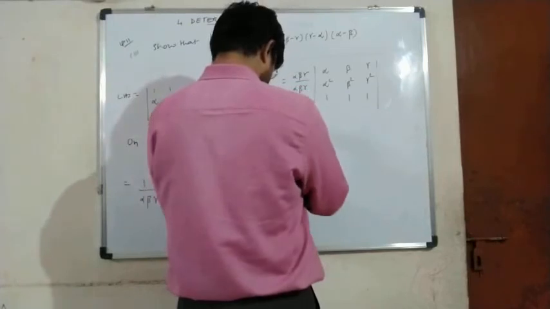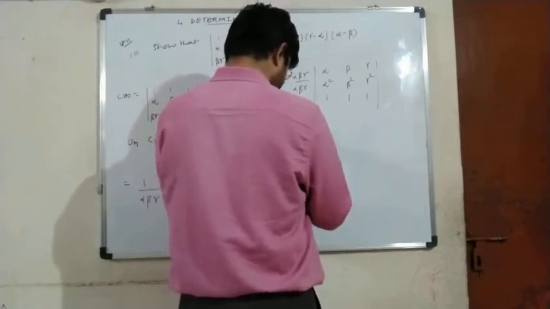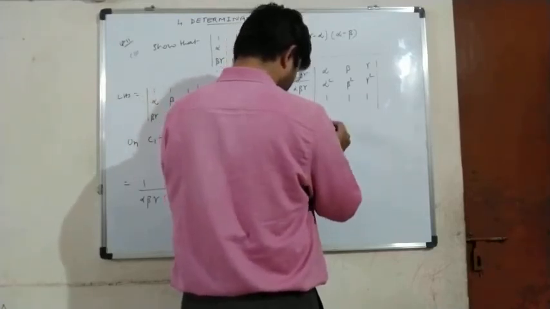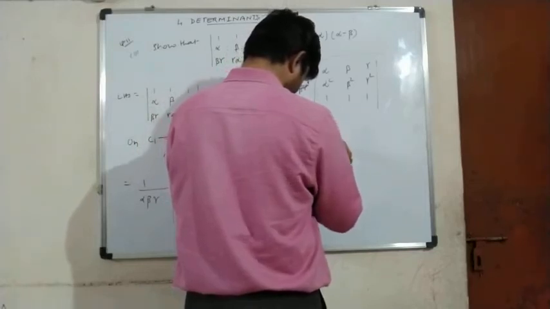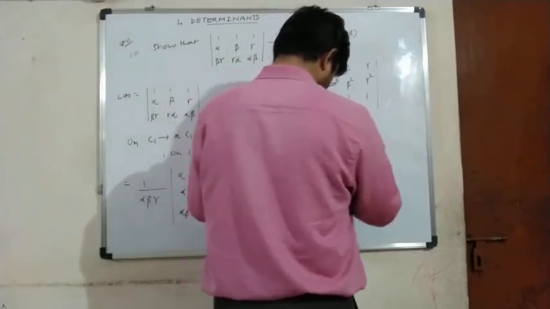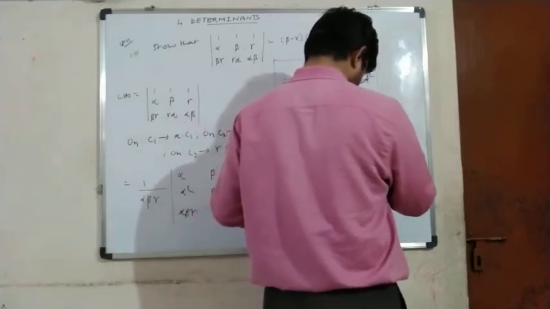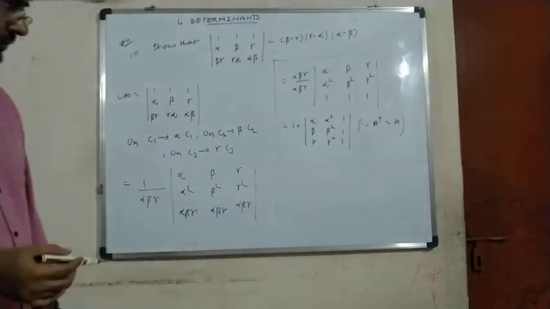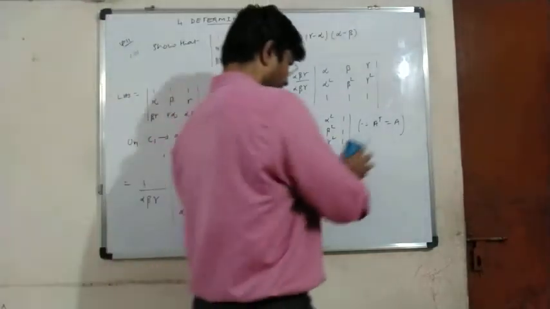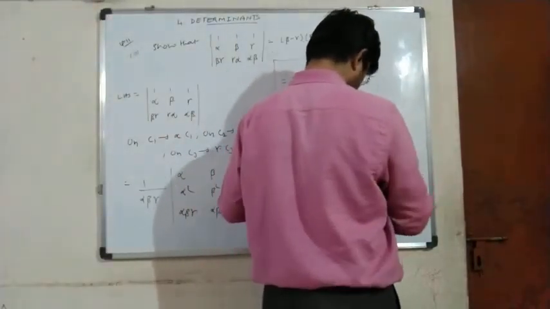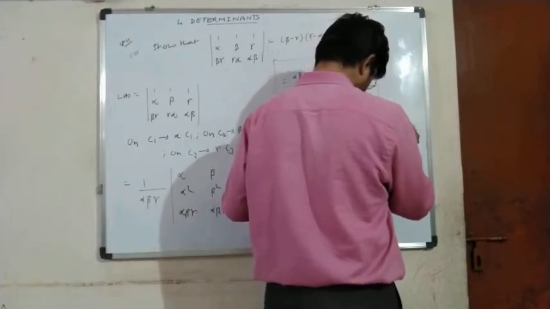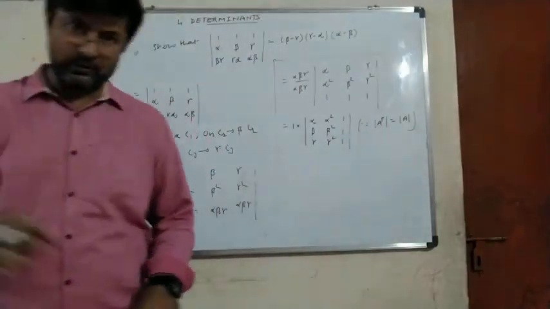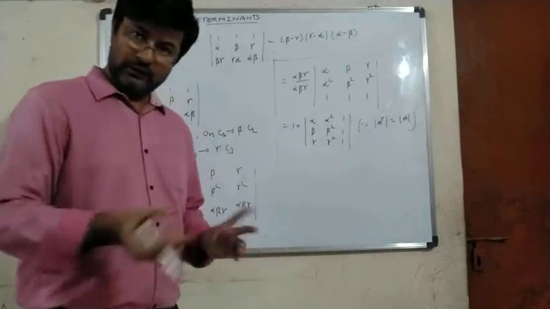Okay, therefore 1 into the determinant alpha, beta, gamma, alpha square, beta square, gamma square, 1 1 1. Okay, since determinant of A transpose is equal to determinant of A. So whether you write a determinant or take its transpose, the values will not change, values will remain the same.